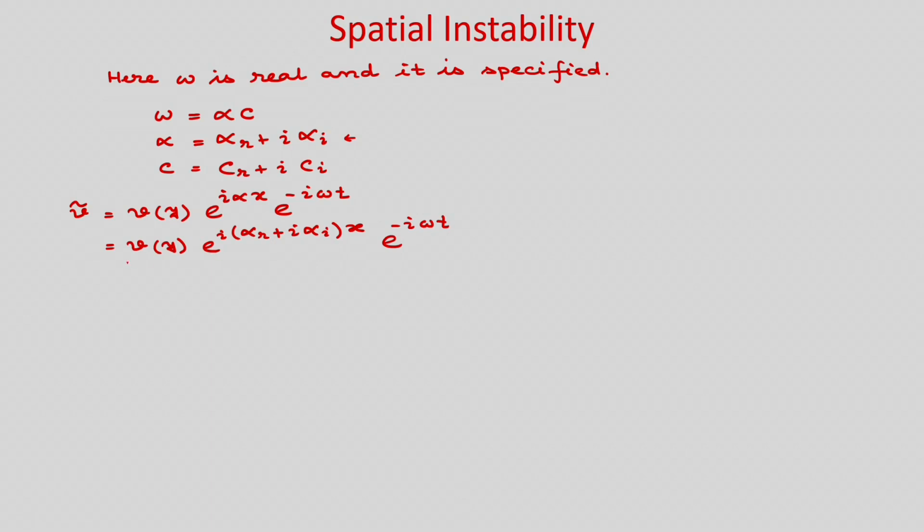So, now we can rearrange and write as e to the power i alpha r x minus omega t, and here we have i square alpha i x, and i square is equal to minus 1. So, we can write e to the power minus alpha i x.